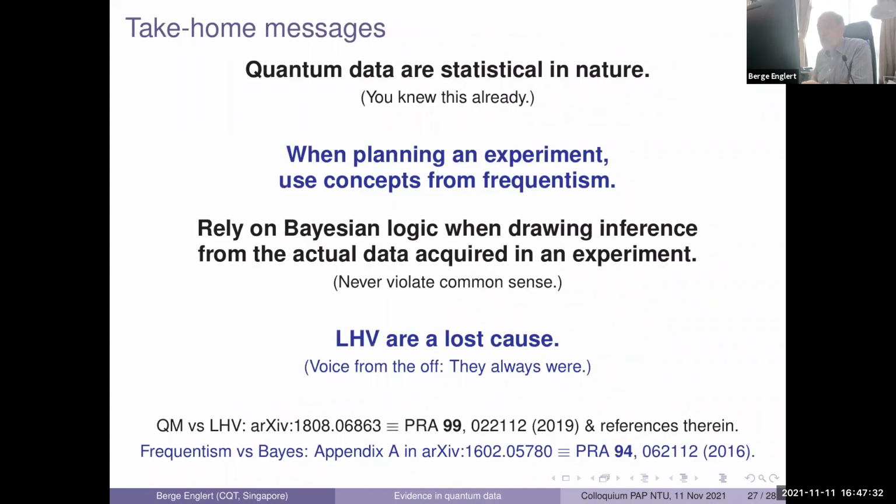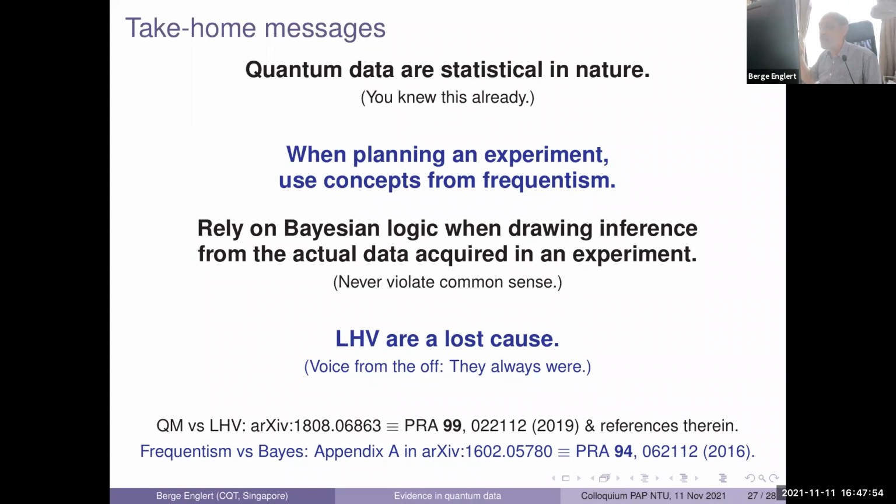So what are the take-home messages? First of all, let's remember that quantum data are statistical in nature, and you knew this already. Now, when you plan an experiment, use these concepts from frequentism where you consider all thinkable data that can happen and plan your experiment accordingly.